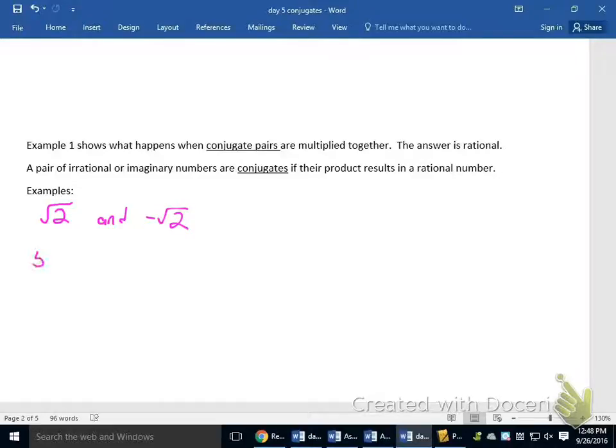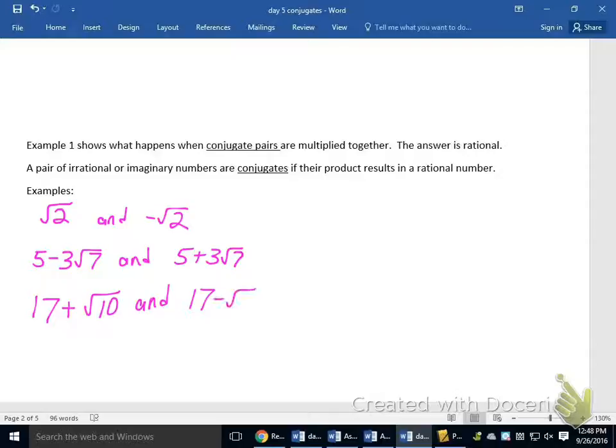So if I have something like 5 minus the 3 root 7, the conjugate pair would be 5 plus 3 root 7. And if we had something like 17 plus the square root of 10, its conjugate pair would be 17 minus the square root of 10. So I think that kind of gives you enough.